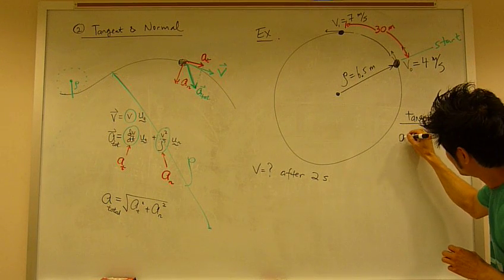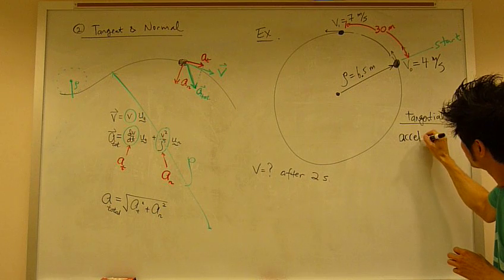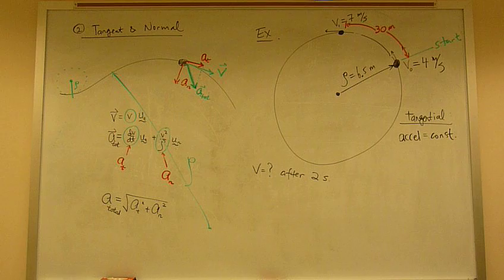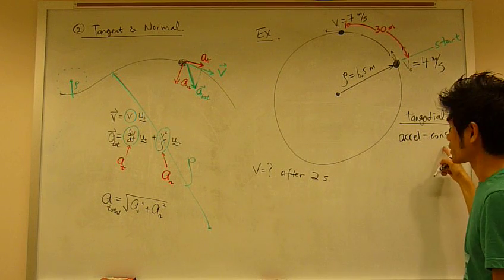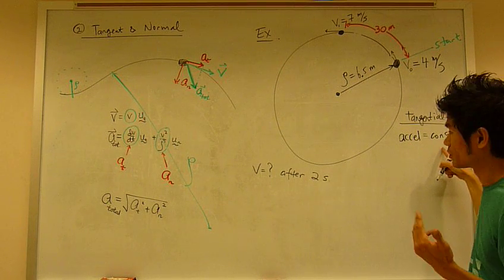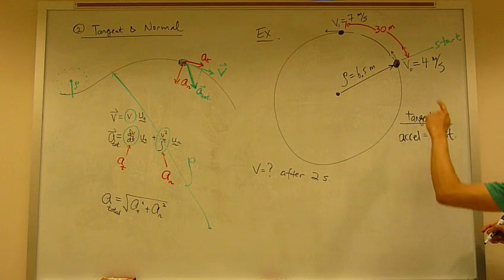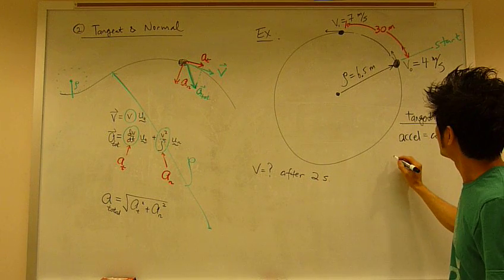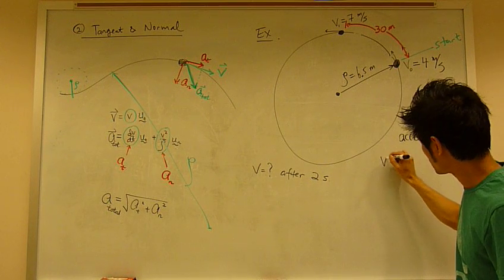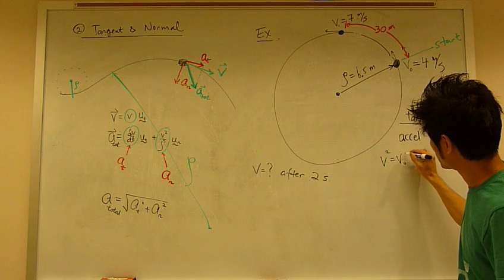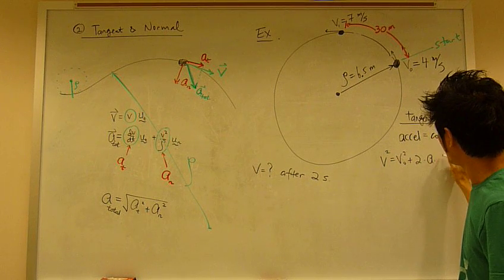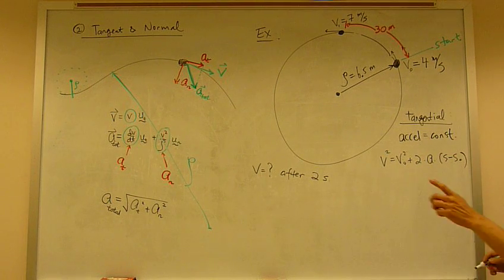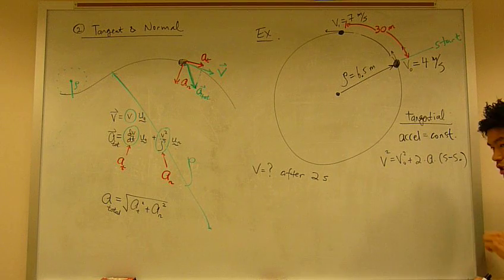We're actually looking at constant acceleration motion. So when acceleration is constant, you go back to one of those three equations. The equation that will allow us to find the acceleration would be this one: V squared equals v naught squared plus 2a times displacement. Except we apply this in this curved path.